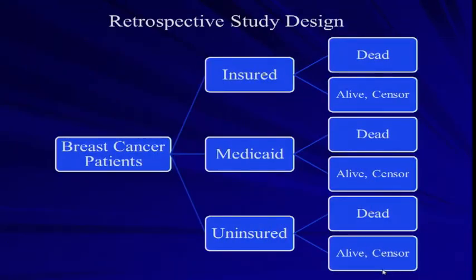Further, all the previous studies are retrospective studies. We have the patients, the numbers are already there, and we look back. For example, for all the breast cancer patients, when they were diagnosed, we look at the insurance status. Later on, 10 or 20 years later, we see their survivorship.